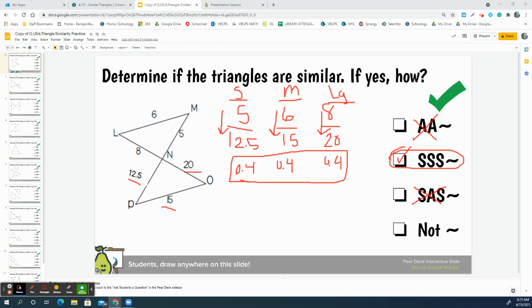So again, in slide 2, 16 over 39 has to equal 16 over 40 if it's going to be side, angle, side. If that doesn't work, then it's got to be not.